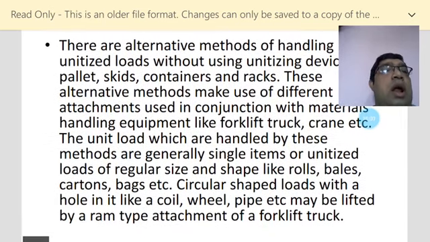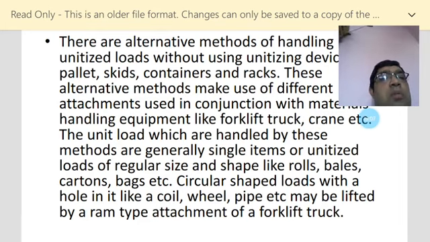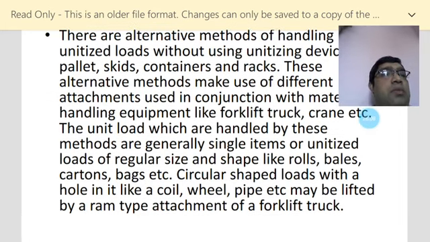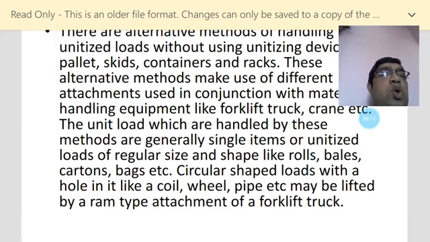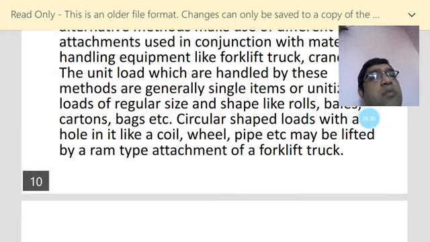These unit loads handled by these methods are generally single items or unitized loads of regular size and shapes like rolls, bales, cartons, bags, etc. Circular shaped loads with a hole in them, like a coil, wheel, pipe, etc., may be lifted by a ram type attachment on a forklift truck.